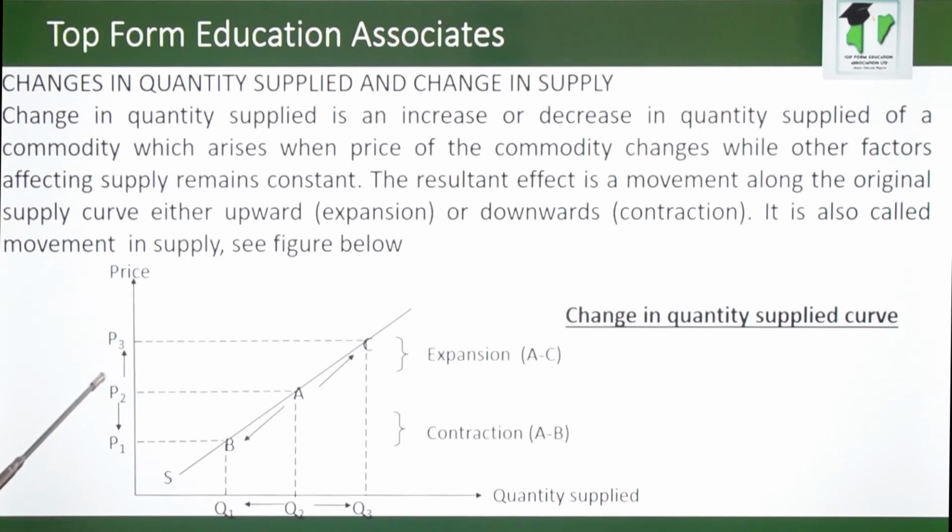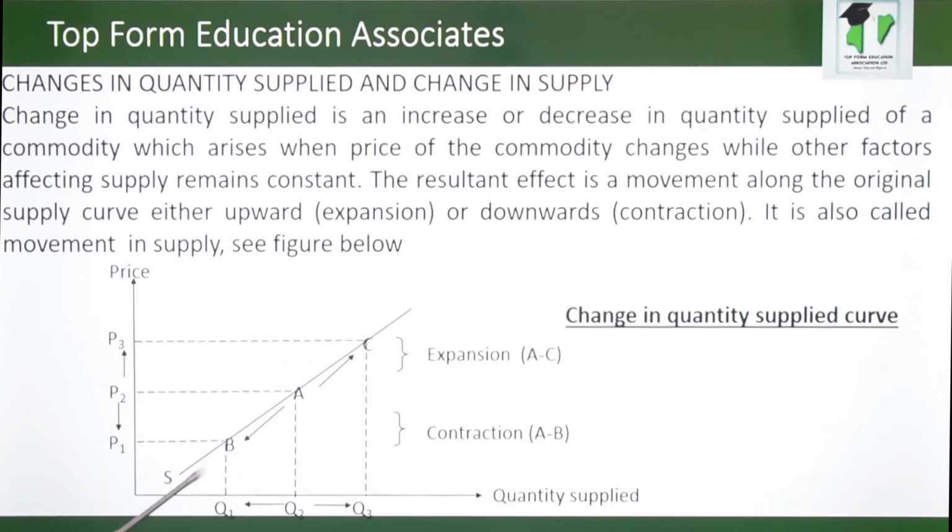Initially the price was P1, quantity supplied Q1. Now, if the price increased from P1 to P2, quantity supplied increased from Q1 to Q2. As price continues to increase to P3, quantity supplied increases to Q3.